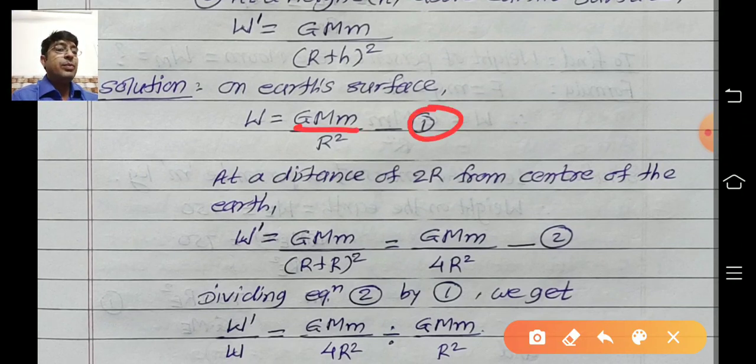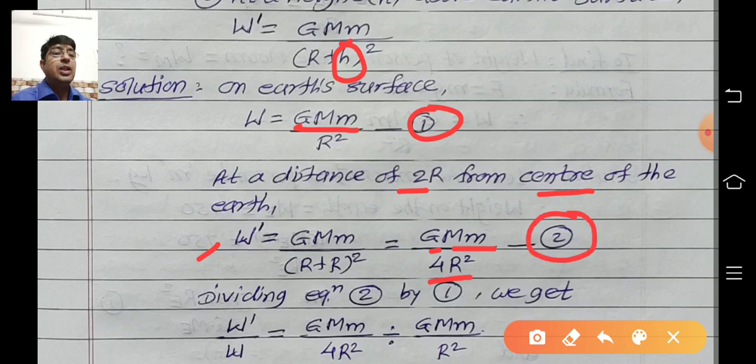At a distance of 2r from the center of the earth, W dash is equal to GMm upon (r plus h). What does h mean? We substitute the value of h here, r, so (r plus r) bracket square, so GMm upon (2r) square. So we are making the square: 2 square is 4 and r square is r square.